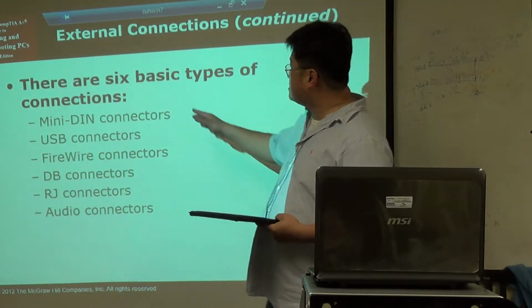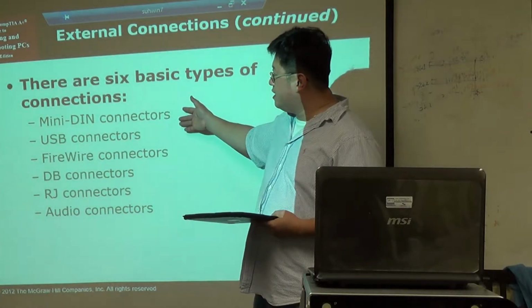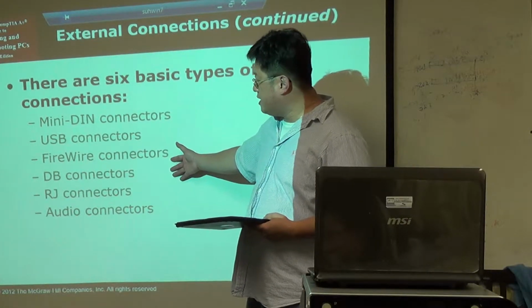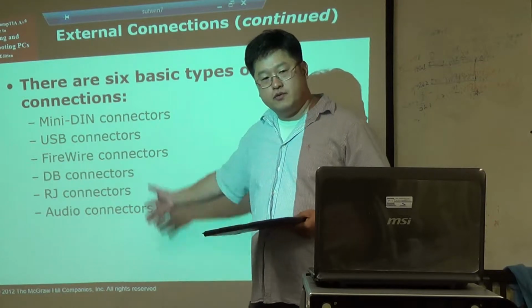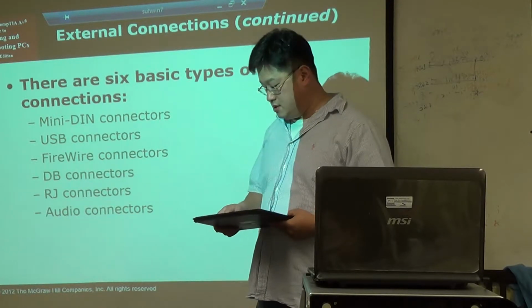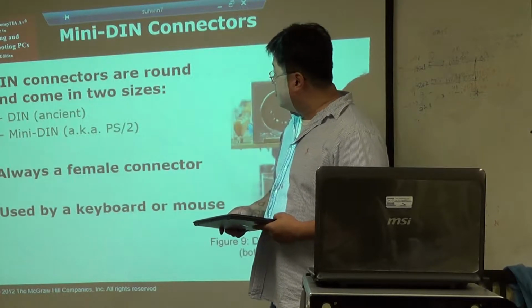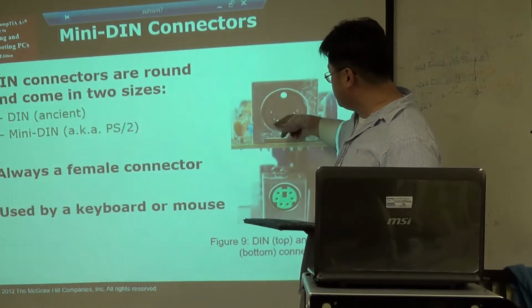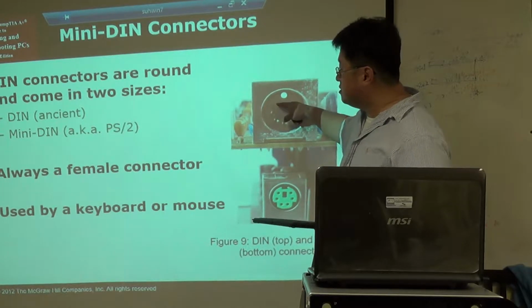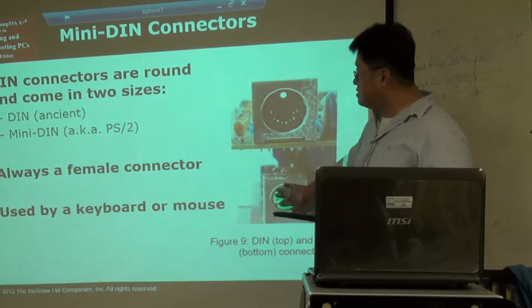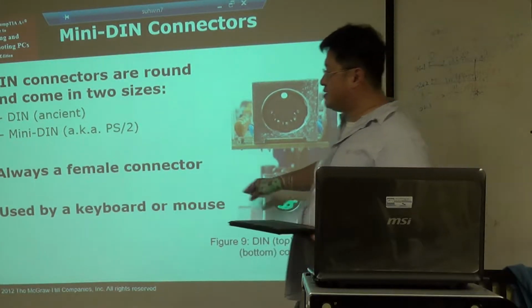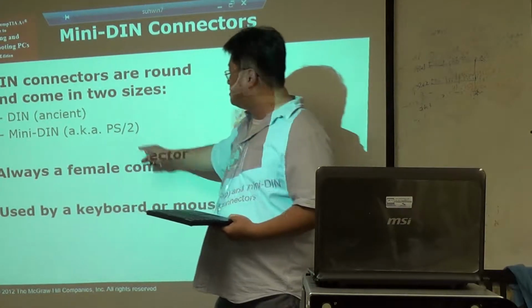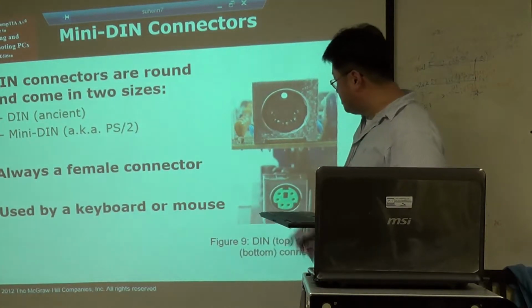There are six basic types of connections: mini-DIN, USB, FireWire, DB, RJ connector, and audio connectors. You will go into more detail in the rest of the chapter. Quickly, here is a DIN, mini-DIN, like a PS/2.